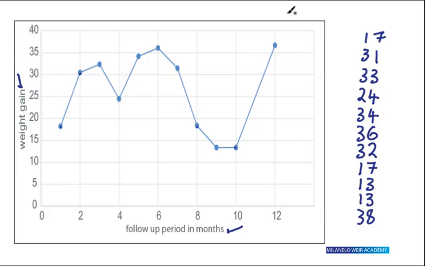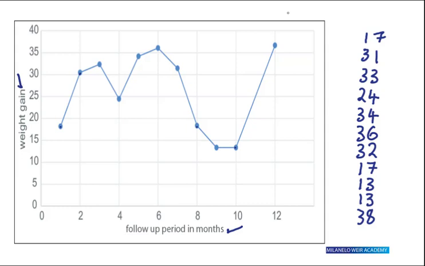So looking at this graph, really, we can tell what was happening. Supposing this graph shows your weight, maybe you want to lose weight or maybe you want to gain weight, but you can clearly tell what was happening to your weight.